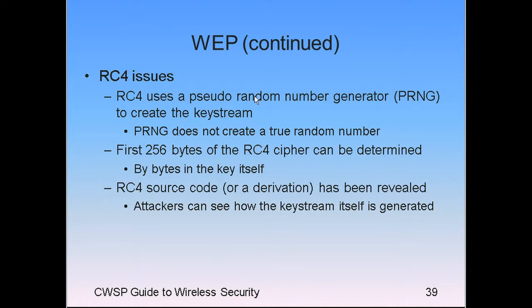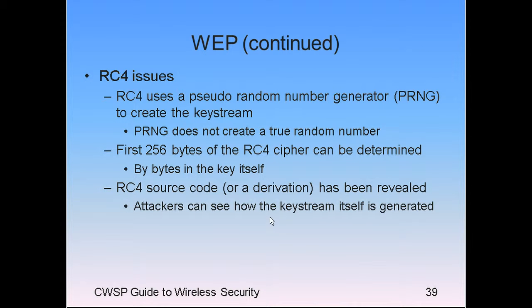RC4 uses a pseudo random number generator to create the key stream, so it doesn't create a true random number. That's going to be an issue. We really need randomness in this. The first 256 bytes of the cipher can be determined by the bytes in the key itself, and the RC4 source code has been revealed.